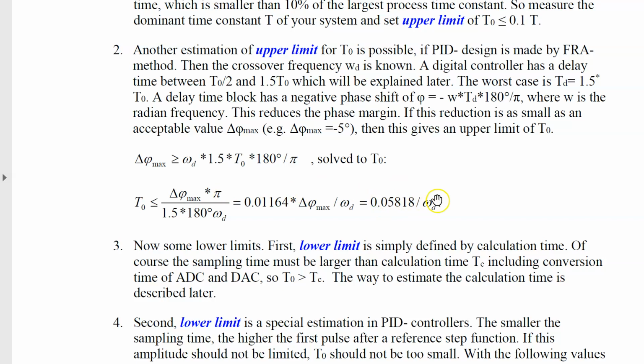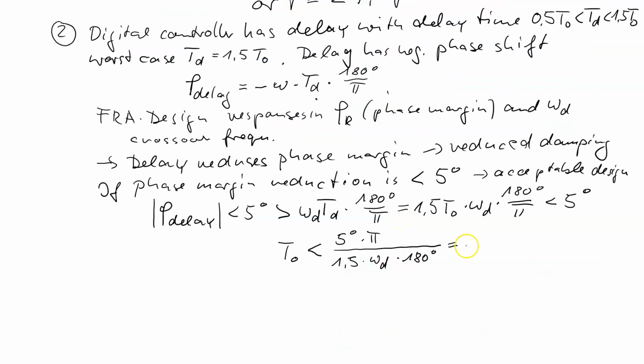All values together give the number 0.05818 times 1 divided by crossover frequency. So take your crossover frequency value out of your controller design, multiply with this number, and then you have a good limit. Sampling time should be smaller than this value.